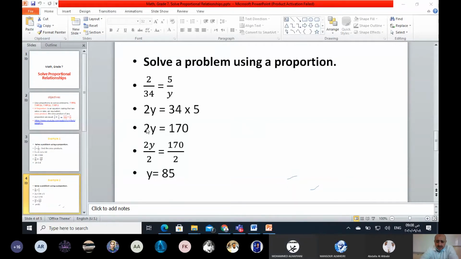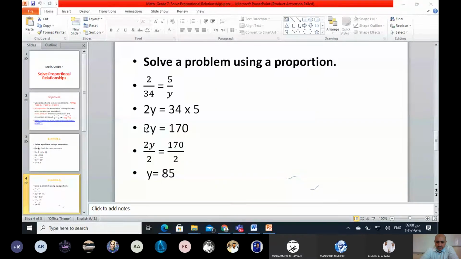Okay. This form, 2y equals 170, is an equation. We learned this last year. How to solve an equation using division? Look to the number multiplied by the variable. The name of this number is the coefficient. The rule says take the coefficient and divide the two sides by the coefficient.